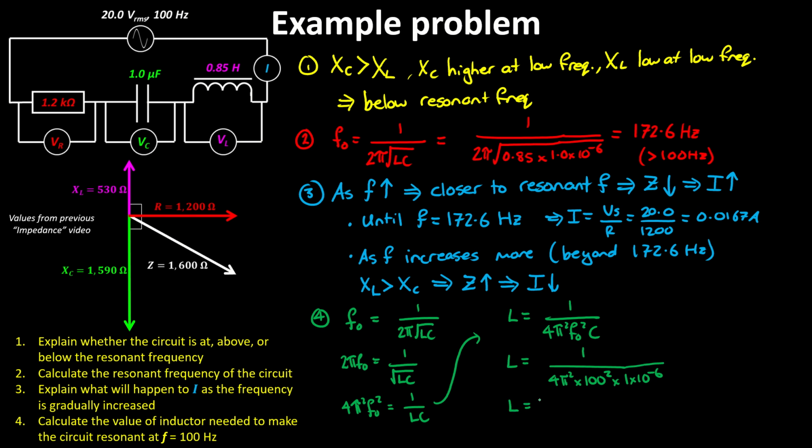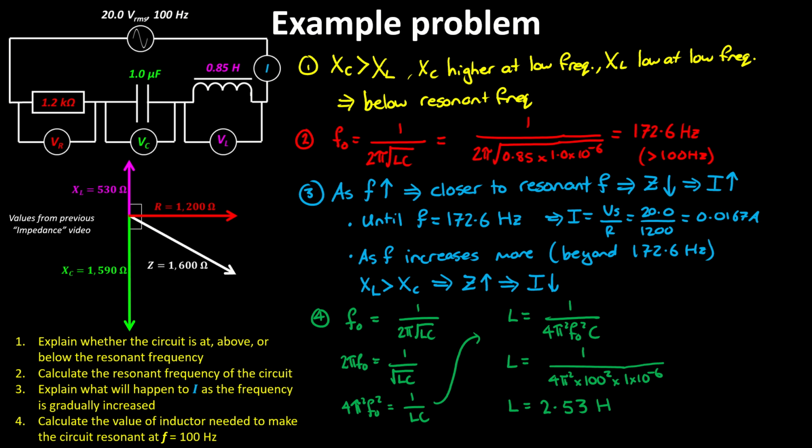So that'll give us an inductance of, if we do that calculation, which I didn't actually write down beforehand, so I'll just do that quickly. If I've done that right, 2.53 Henries would be the value of the inductance that would be required to make that circuit resonant with a 1 microfarad capacitor at 100 Hertz.